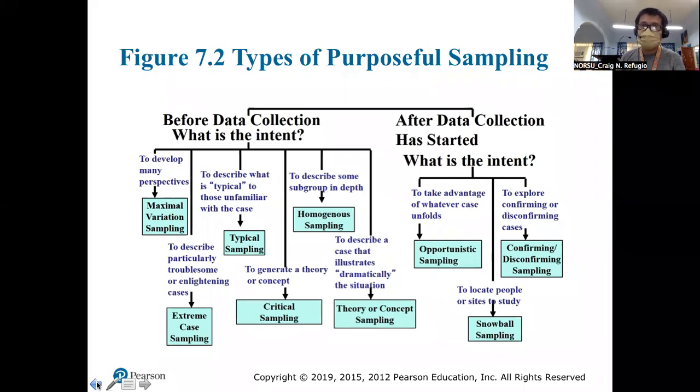What happened to the samples? From one, it becomes two. From two, it becomes four. As you continue the process, you're able to come up with an increasing size of the sample. And that's the concept of snowball sampling design. Do you follow?